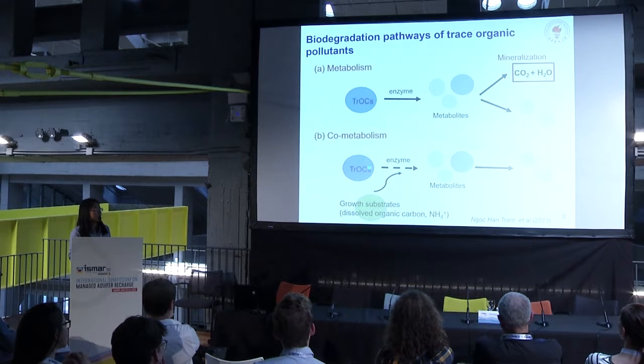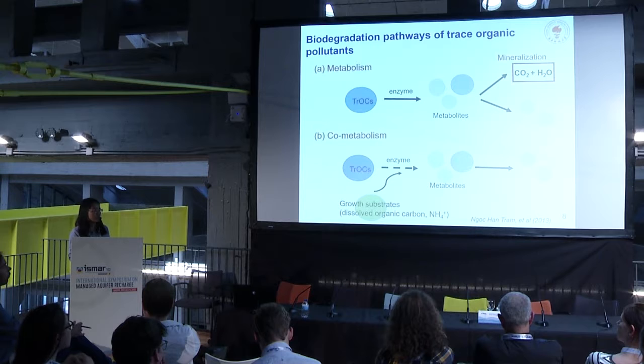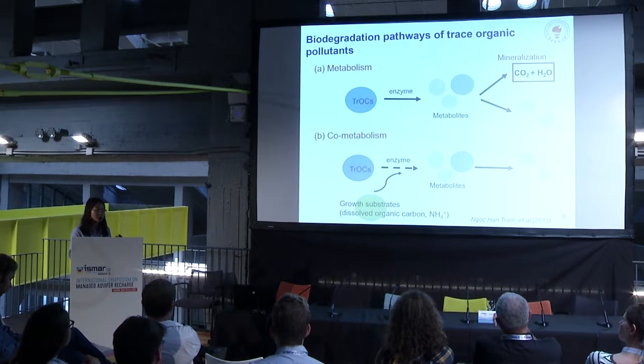Comparing these 2 different pathways, the growth substrate is mandatory, is necessary in co-metabolism. And if you want more detail, there's a nice paper published several years ago talking about these 2 different pathways.